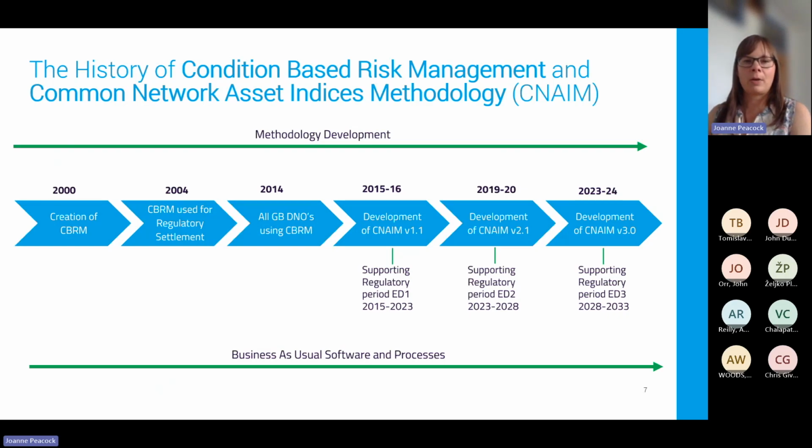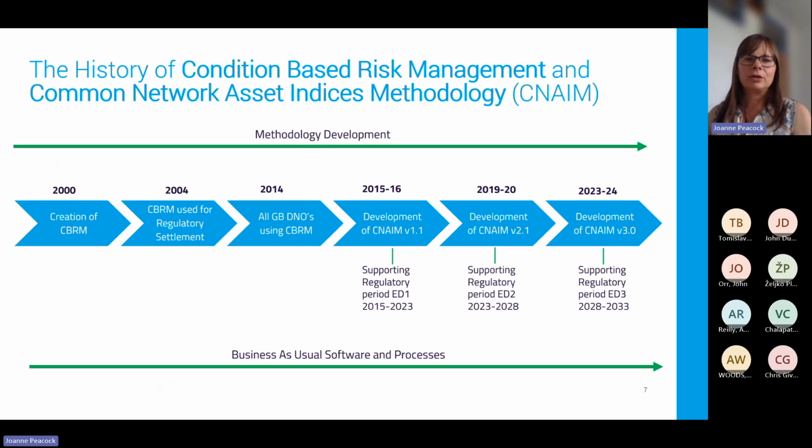We tried it out on mostly GB network operators, and we improved it, and we kept on making improvements to it until the network operators were all using CBRM, and they were all producing their business plans using CBRM and submitting those to the regulator.